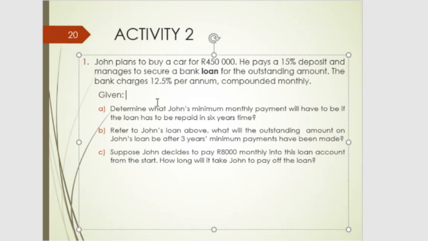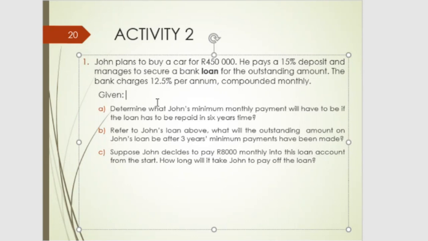We must also look for regular payments that need to be made, because this loan you can also find under compound, but the difference is that with amortization there will be regular payments, whereas with compound they're just interested in the interest per period. There will be no regular payments. We'll just have a scenario asking you, let's say, the present value for this investment, or for the loan. That's it, but there will be no regular payments.